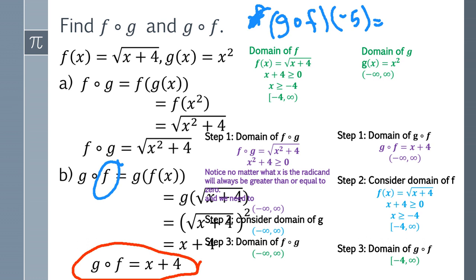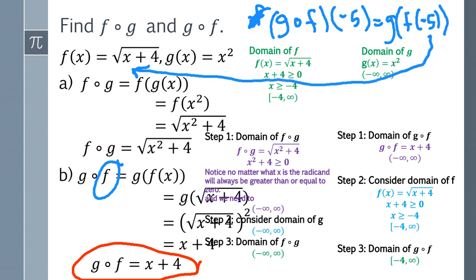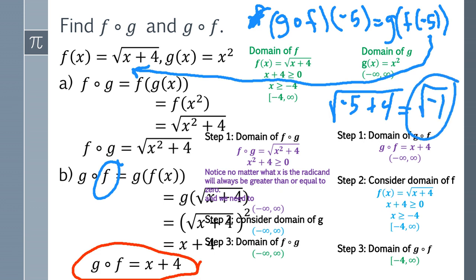So now when you're ready to enter this information into the function f, notice what happens. We get the square root of negative 5 plus 4, which is the square root of negative 1. And we cannot take the square root of that negative number without using imaginary solutions. That's why it's important to always look at that second function and consider it so that we can find the true domain of the composition.